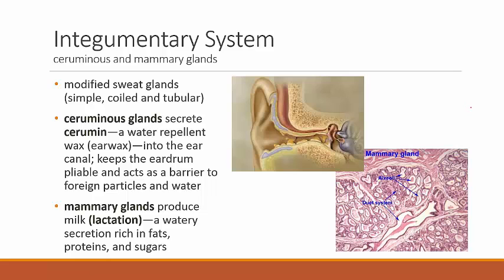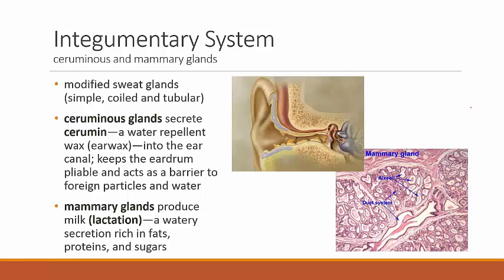Mammary glands are also a modified sweat gland. Remember those apocrine sweat glands and what the materials were that were in that sweat? Well, it's the same types of materials that are found in the secretions of mammary glands. It's rich in fats and proteins and carbohydrates. So we talk about milk fat and milk sugars and the milk proteins.